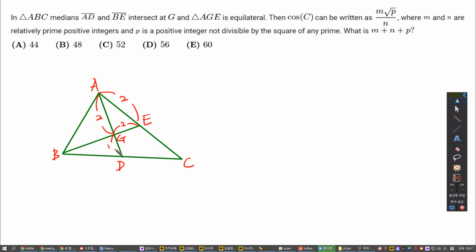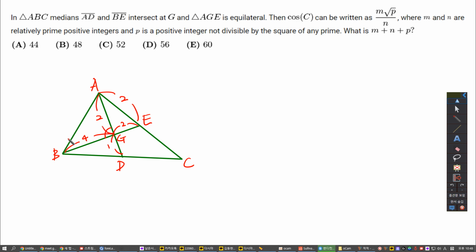So that means this will be 2, and this BG is 4. The ratio of 2 to 1 means that. And then this angle is 120 degrees because it's a supplement to the 60 degrees.